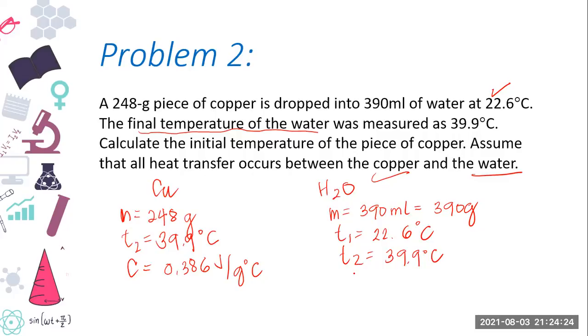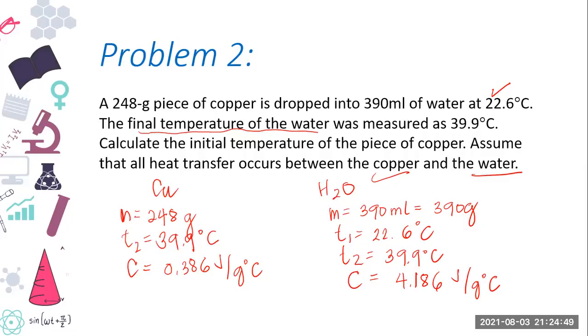And of course, we also know from the table that there are different C's for water depending on its state, but for liquid water, it's 4.186 joule per gram degrees Celsius. I'm getting this from the attached table, not from the second table that I passed to you in FB or in the group chat.